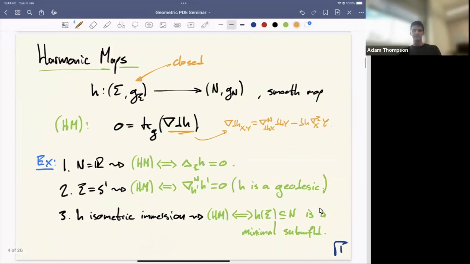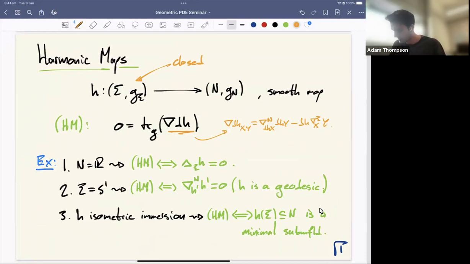Okay, so what is a harmonic map? The setting I want to work in today is I'm going to take two Riemannian manifolds. I call one sigma, I call the other N, and I'm going to look at smooth maps h between them. Now, the harmonic map condition is what I've written here.